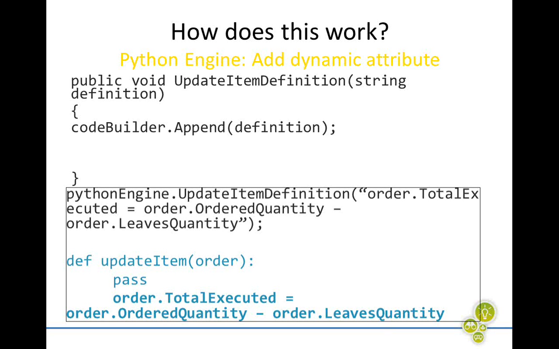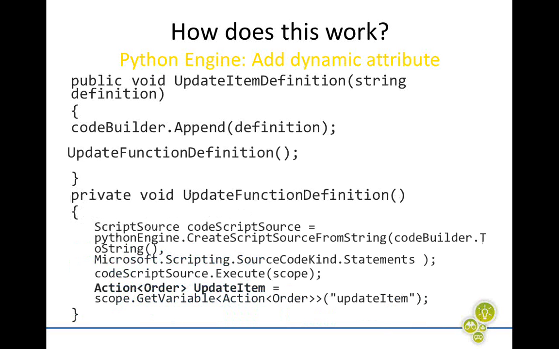Then when I call this update item method for the order variable, we update the definition of the order object. Now it is important to know that the order object is a C# object. It is not a Python object. There we were seeing that we created a person object and we added first name on the fly to it in the Python interpreter. There the person object was a Python object, a Python class.